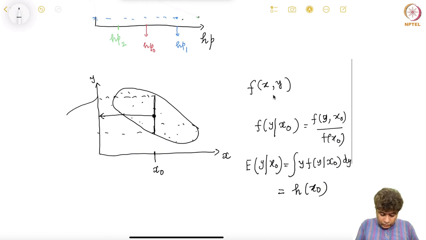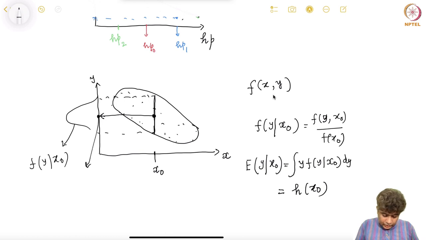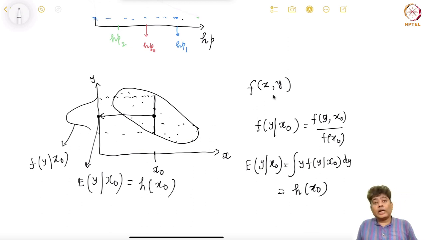We can think of this as my f of y given x naught, this distribution, and this expected value is my expected y given x naught. This will be some function of x naught after integrating out the y.